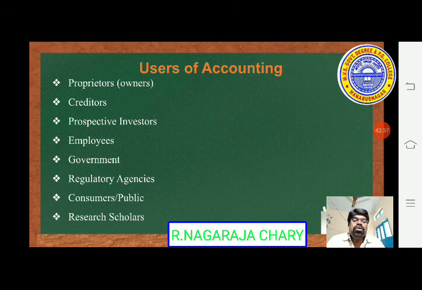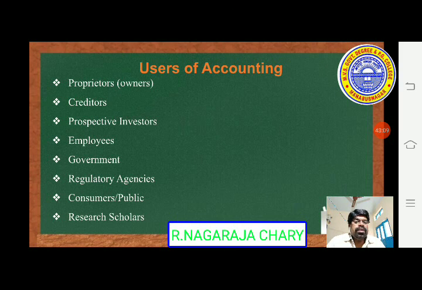Next, consumers and public. Why do consumers need it? Because consumers expect qualitative products at minimum price from the business. So from the accounting information we get to know whether this company or the other company is providing the minimum price.